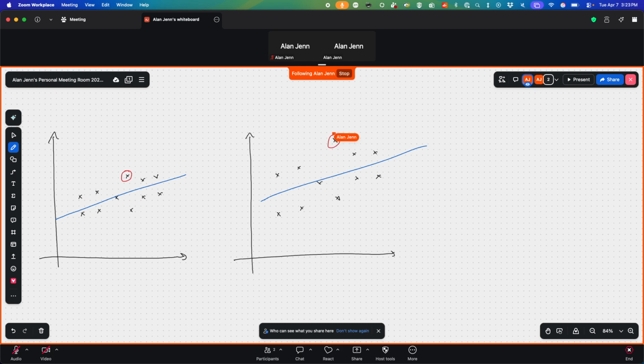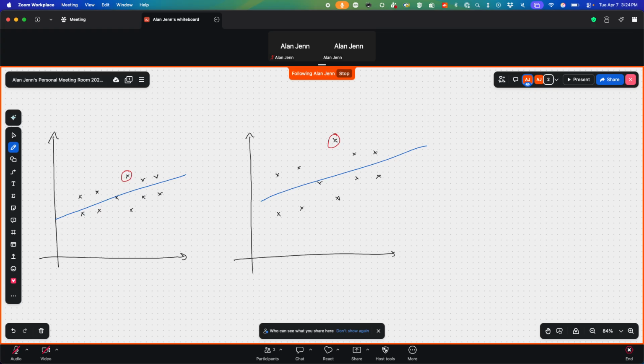So my line is influenced by the presence of all of these points, right? On the left-hand side, the points are closer to the line, and on the right-hand side, the points are farther from the line. And I'm attempting to essentially draw them in such a way that the lines themselves have the same slope.